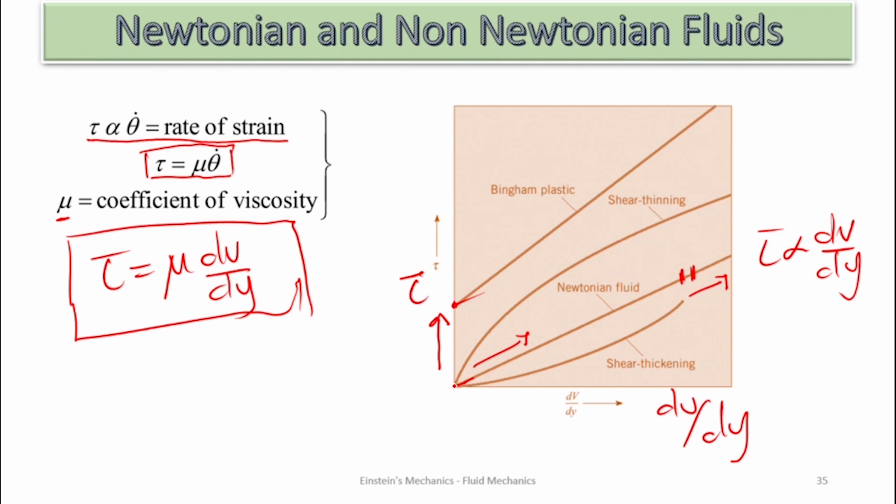For the Newtonian fluid, once you start from 1, the strain also starts from 1. But here you have to move to, let's say, a shear of 10 before the strain begins, which is not linear. We can also look at this as shear thinning, or as shear thickening. These are not linear fluids, and they do not obey the Newtonian approach.